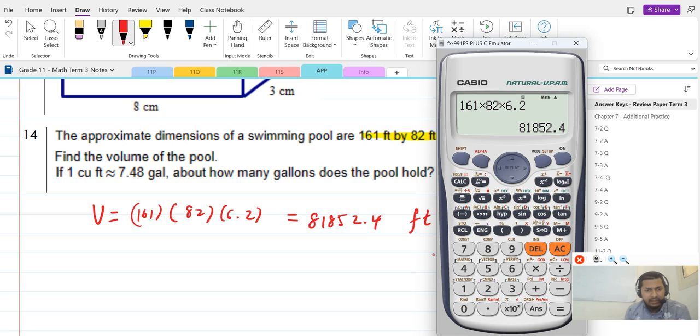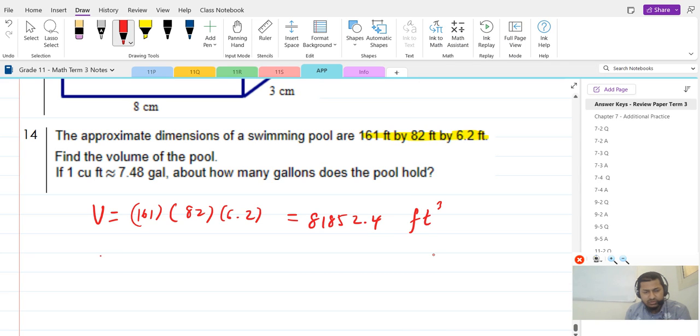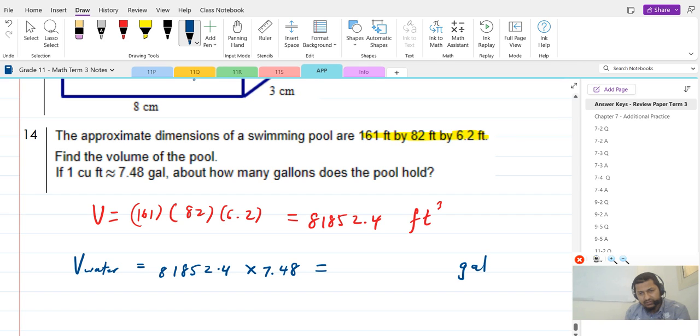81852.4. And now remember, 1 cubic foot is equal to 7.48 gallons. So we need to know about how many gallons the pool holds. So volume of water is equal to 81852.4 times 7.48. So we need the amount of gallons, right?